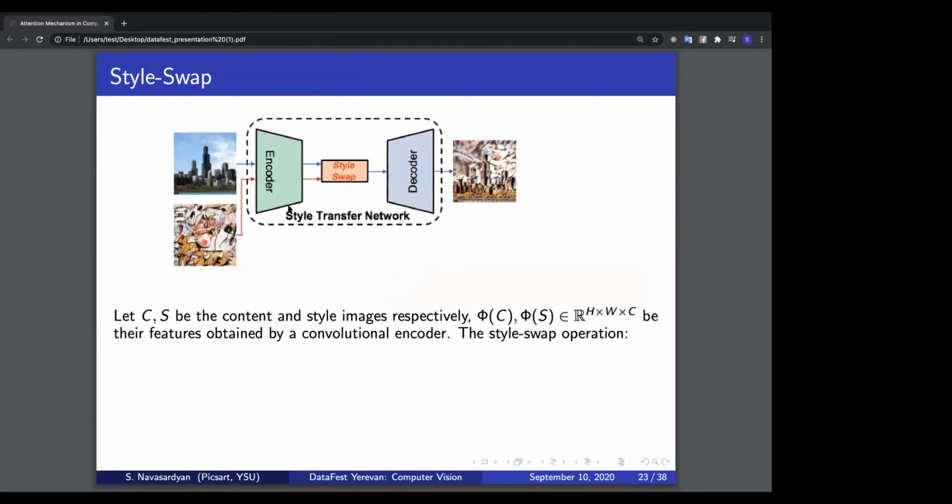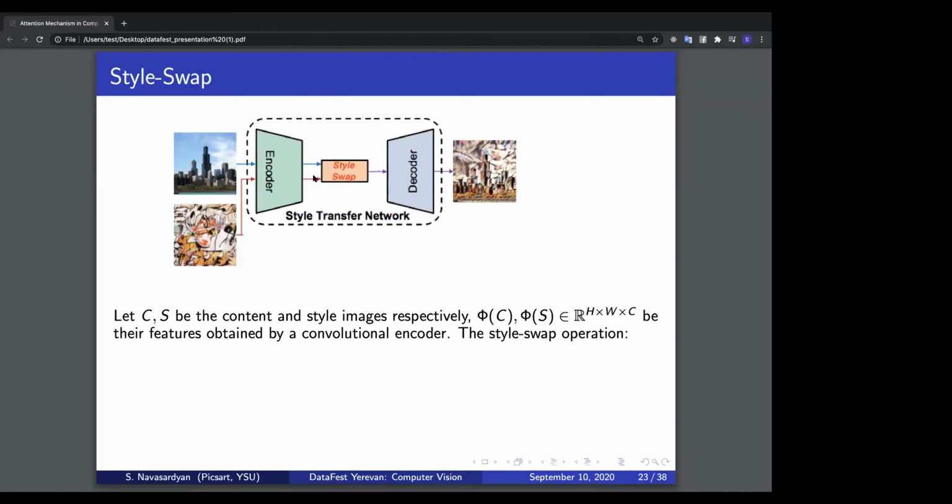This is a fully convolutional encoder, and it outputs some three-dimensional features. Let's, for simplicity, assume that our C and S images are of the same size, and we obtain phi C and phi S, corresponding features with the same dimension.